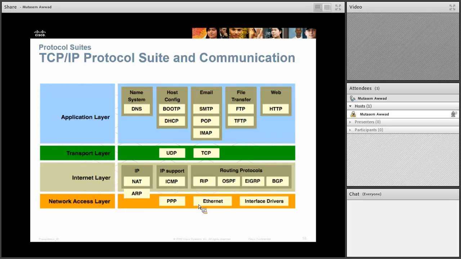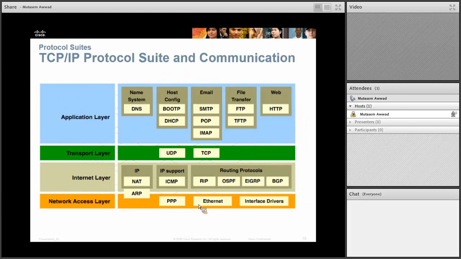All right, so question number 2. What are port numbers used for? Port numbers are used to identify what application is being used, and they are attached at the transport layer. What are IP addresses and where are they attached?